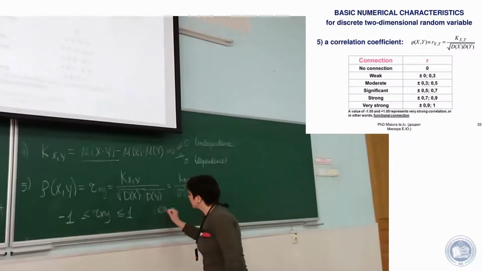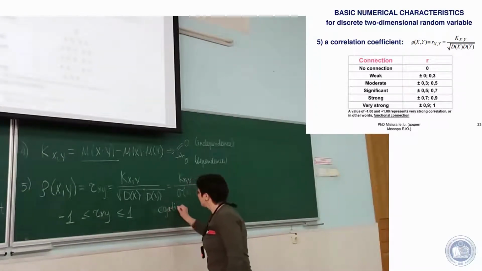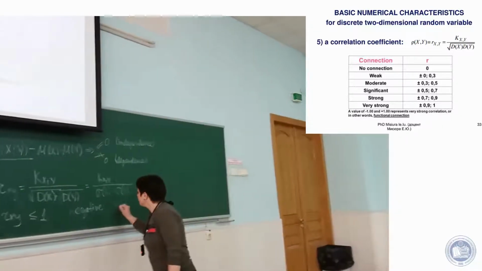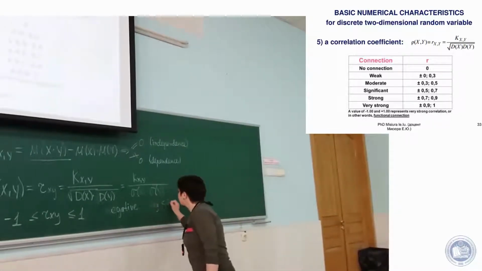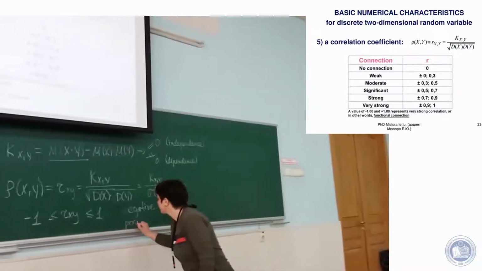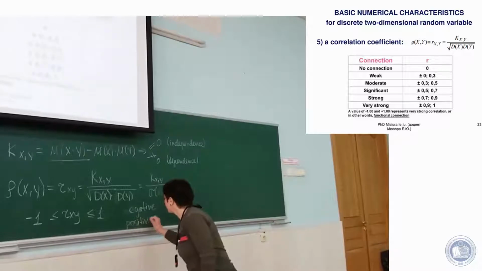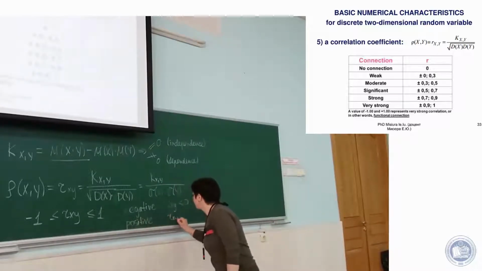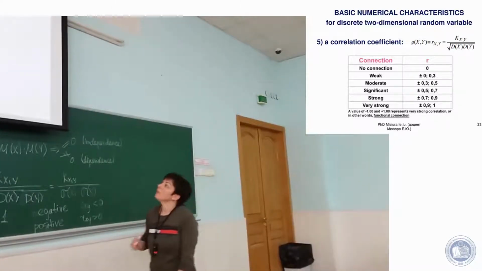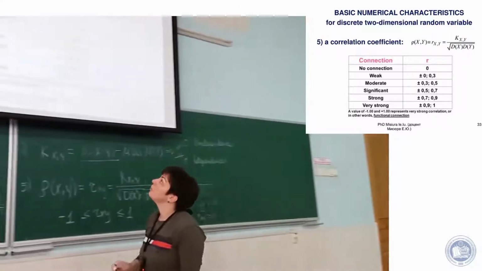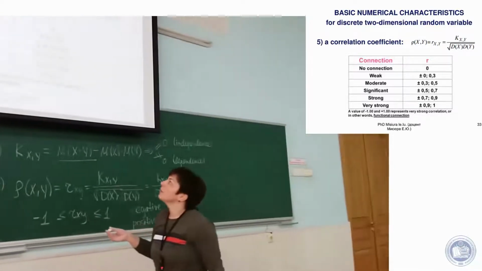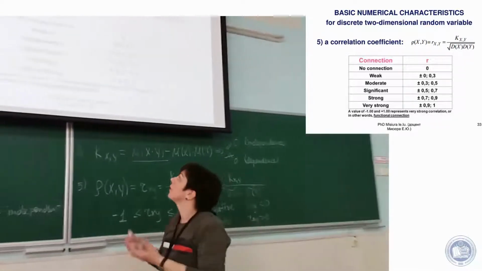We have negative if this value is less than 0, and we have positive if this value is positive. For example, if you have 0, what does it mean? It means no correlation or no connection.